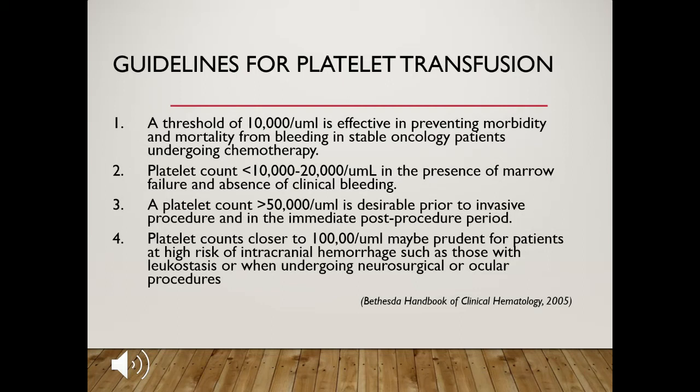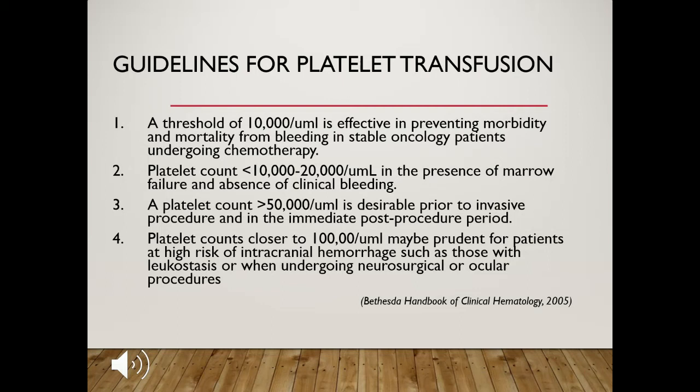Number 2, platelet count less than 10 to 20,000 in the presence of marrow failure and absence of clinical bleeding, you may transfuse platelets. So, yung mga pasyenteng may aplastic anemia or leukemia, threshold would be, some would be less than 10 or some would be less than 20. So, both are acceptable.